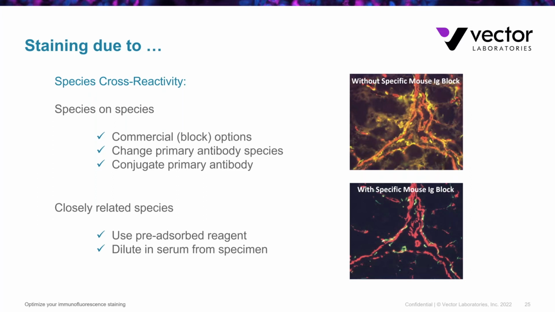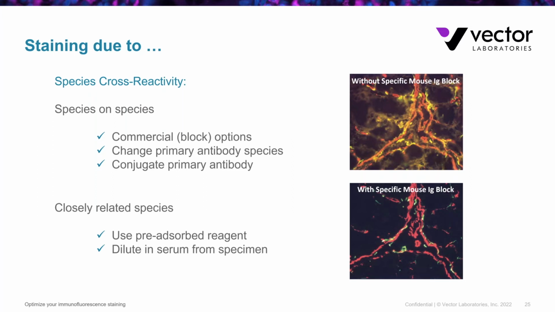Another option would be in cases where that secondary antibody has a lower extent of cross-reactivity. Let's just say a hamster primary antibody on mouse tissue, detecting with an anti-hamster secondary antibody that might have, say, 6% cross-reactivity with mouse IgG.